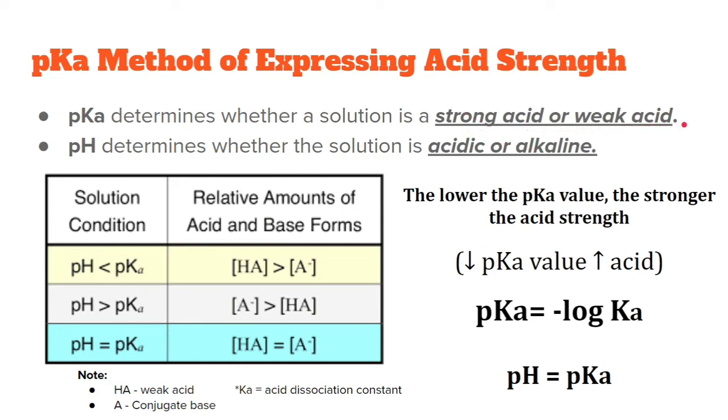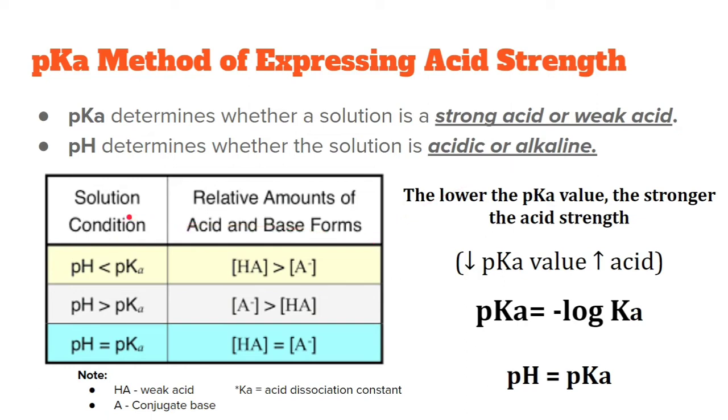In pH, we are also concerned with alkalinity. Here in the pKa, we're only concerned with the acidity of the substance, either a strong acid or a weak acid.